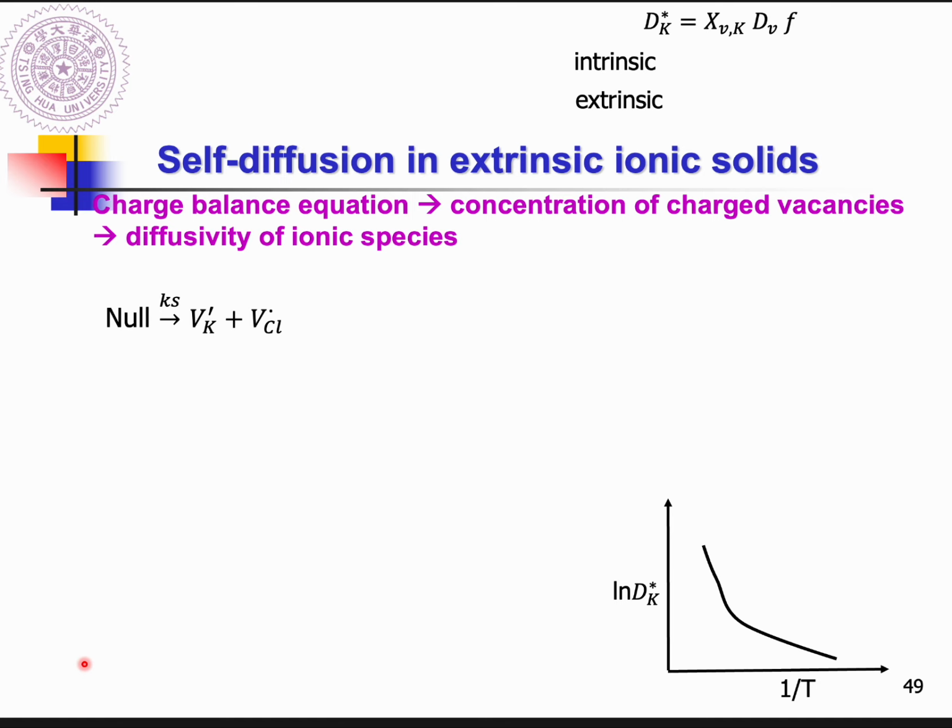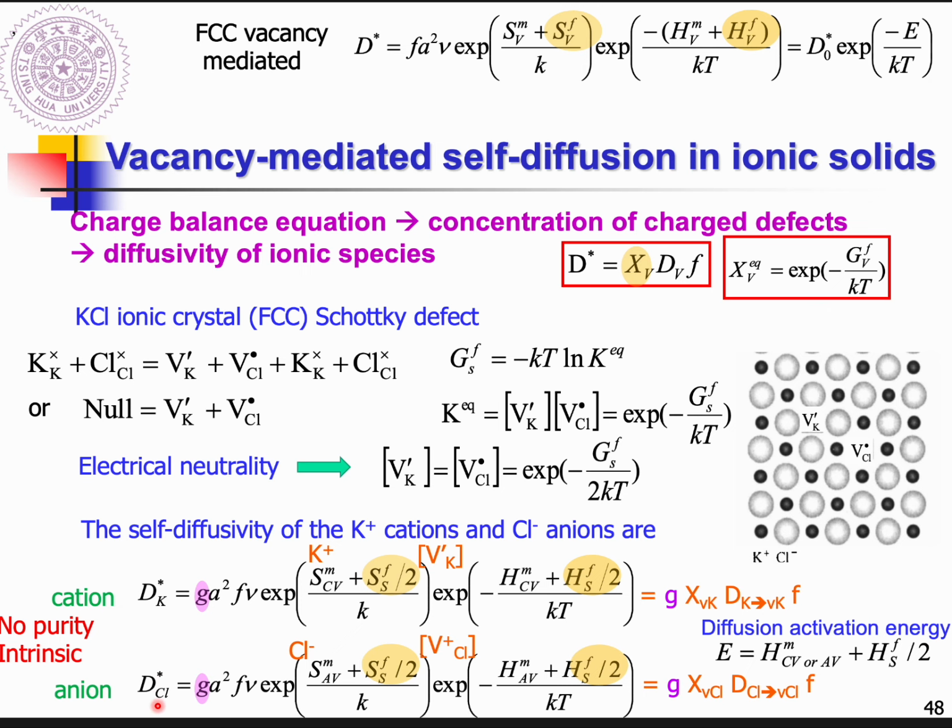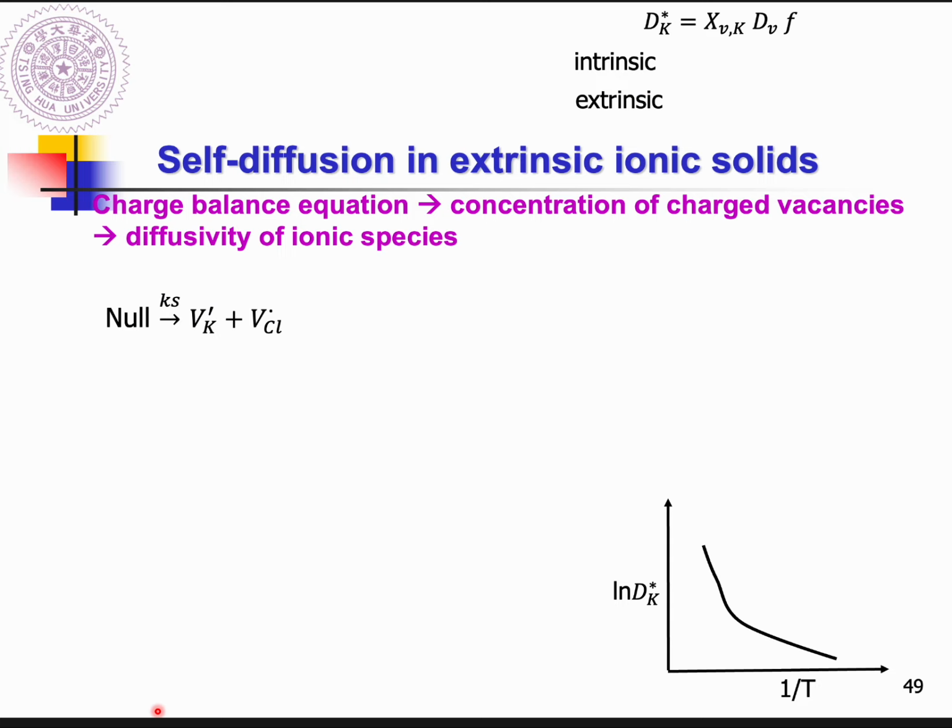Next I'm going to talk more about D_K and D_Cl, but what if I try to dope some dopant inside these ionic materials? Will this behavior affect D_K and D_Cl? If I dope some dopant inside these ionic materials, I'm curious whether D_K changes or not.